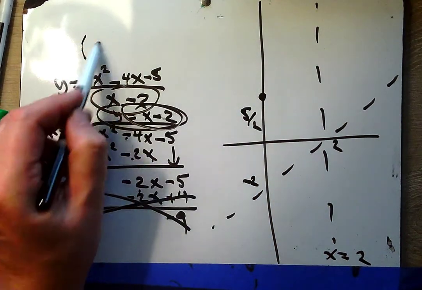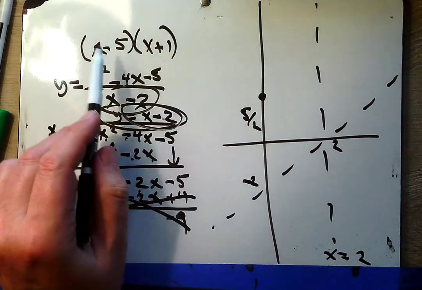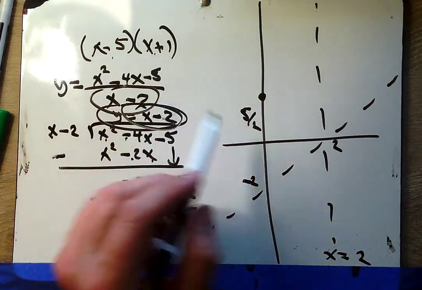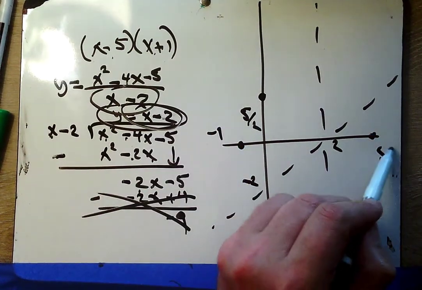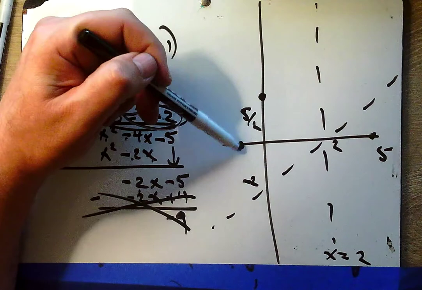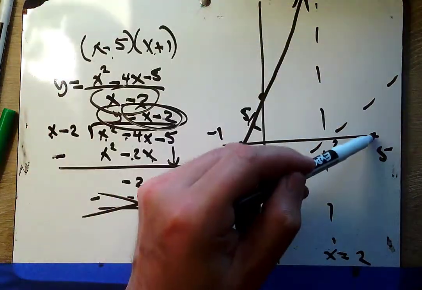X-intercept, well, I should probably factor that. And so 5 and negative 1. So I'm going to go with negative 1. I'm going to go with positive 5. Hey, that's very reassuring. It's even the same sort of orientation and shape as the last one.